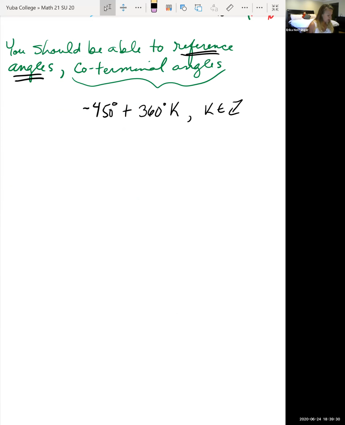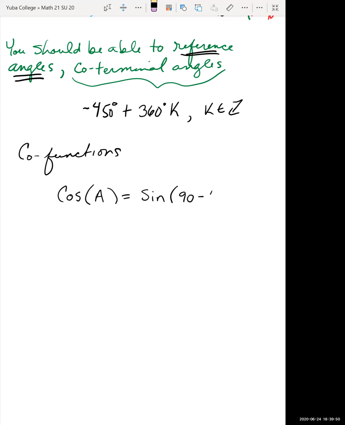So there are things that you need to remember. There were cofunctions. Remember, cosine of A is the same thing as sine of 90 minus A, or sine of A is cosine of 90 minus A. Same thing with tangent and cotangent.